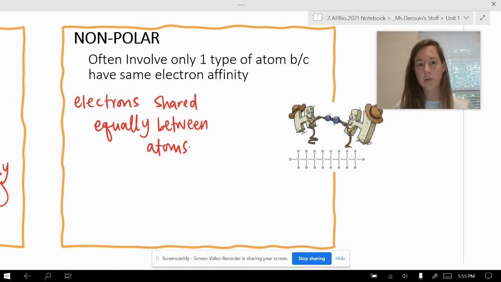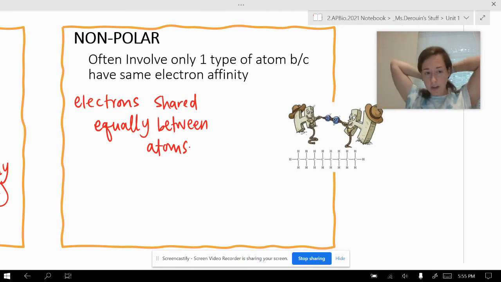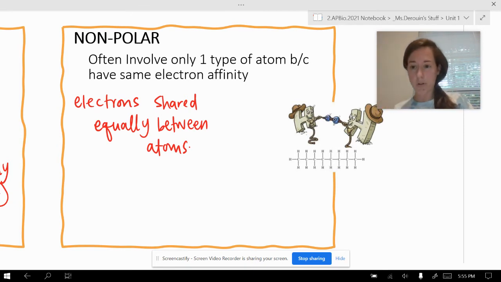So of course they're going to pull equally hard. So like oxygen gas, O2, is going to be nonpolar. Also most hydrocarbons, carbon is not super electronegative, so it doesn't pull much harder than hydrogen does on the electron. So things like fats and oils and waxes are usually nonpolar.